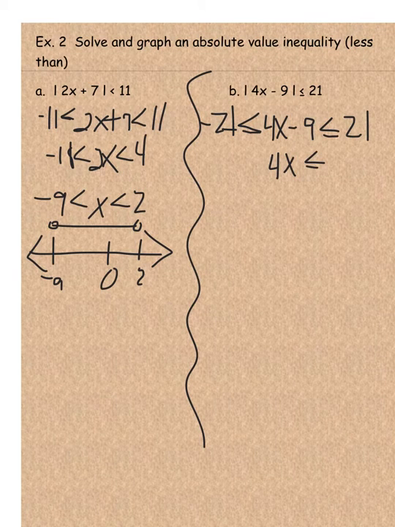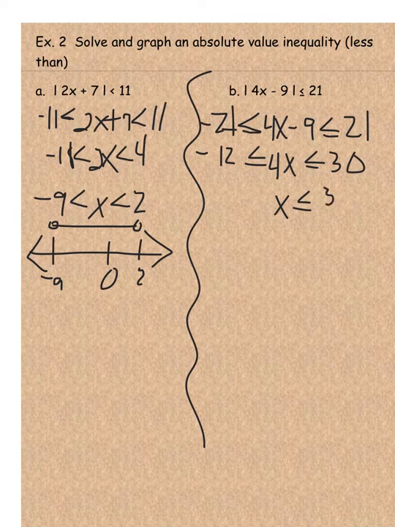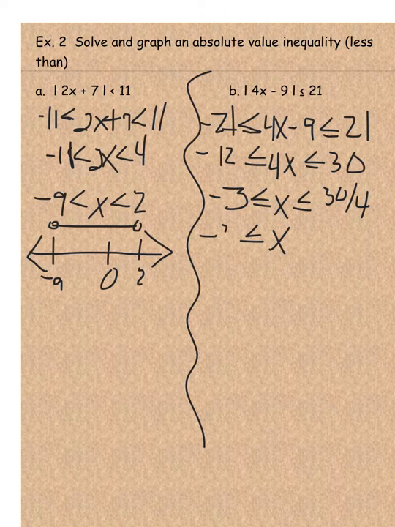We're going to add 9 to both sides. And then we're going to divide both sides by 4. And this will be that x is greater than or equal to -3 and less than or equal to 7.5.